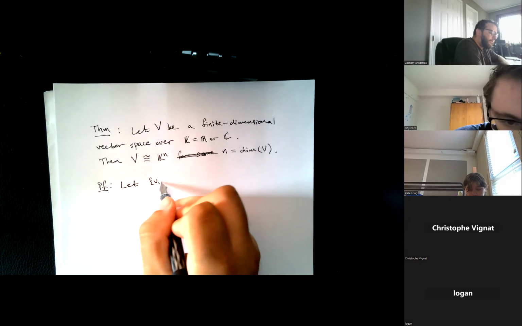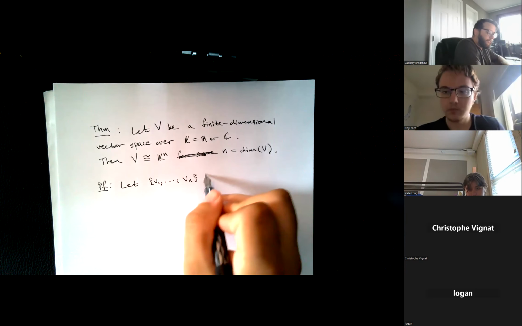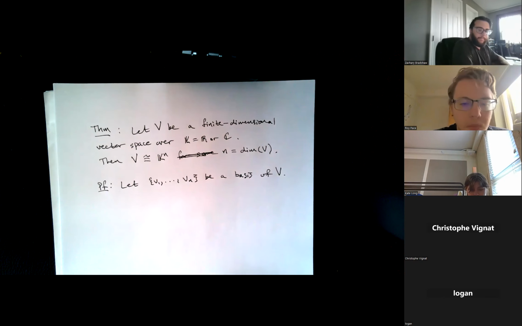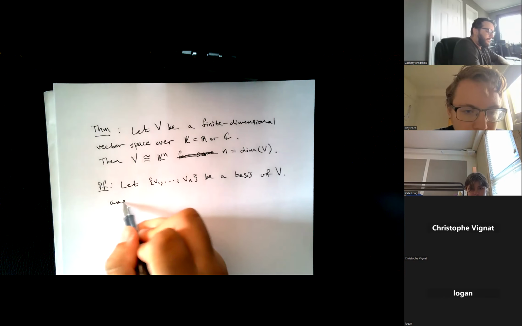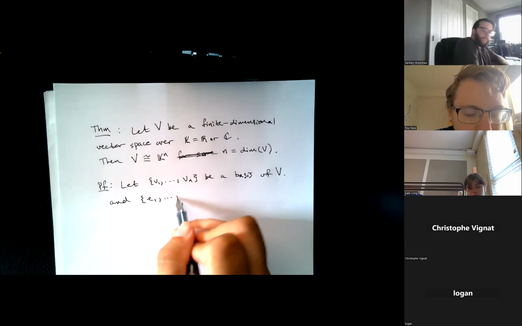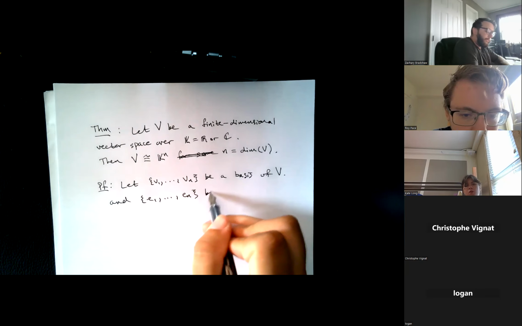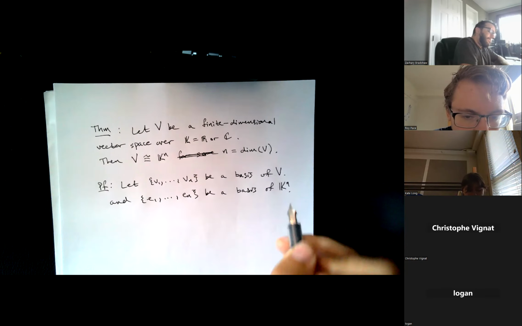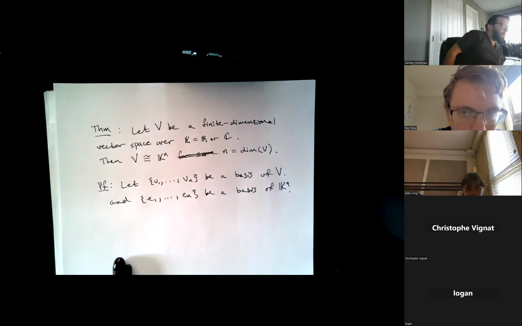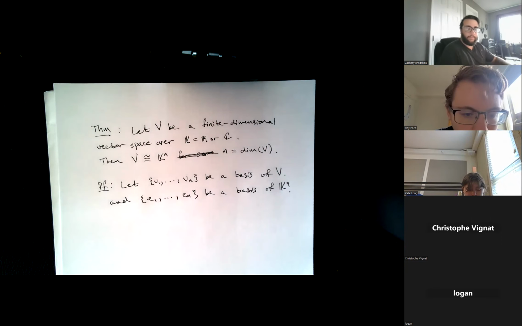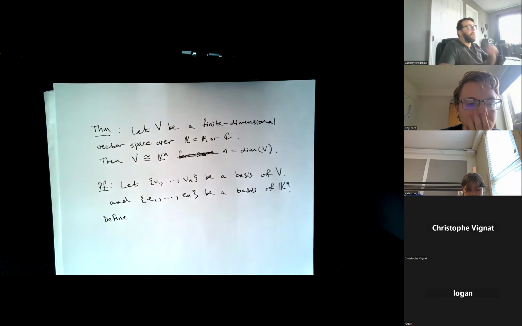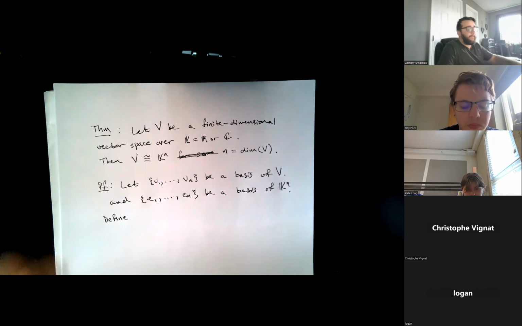Let v1 through vn be a basis of V. And we'll let e1 through en be a basis of K^n. Okay. So we need to define a map which is linear and bijective between V and K^n.